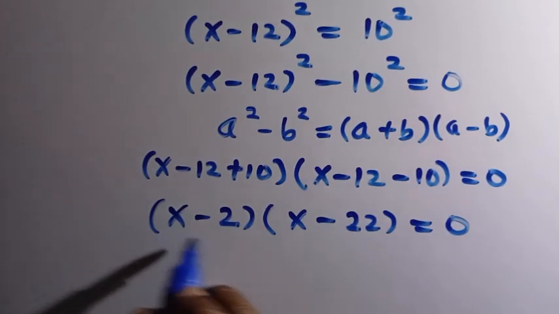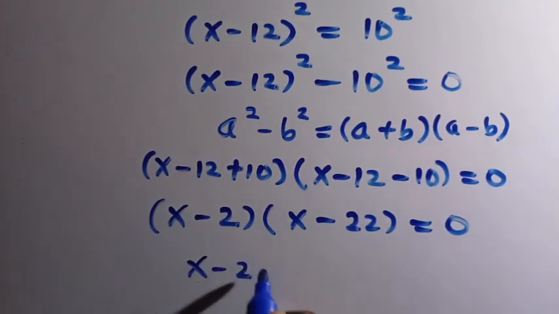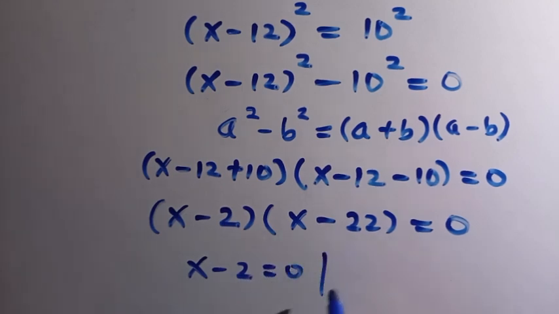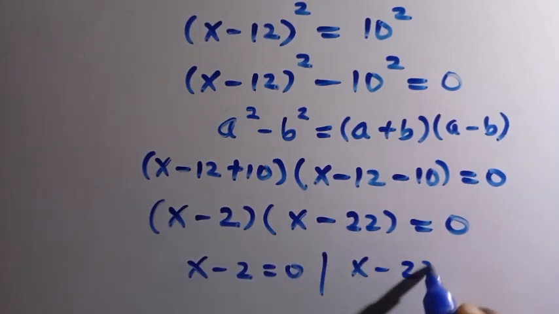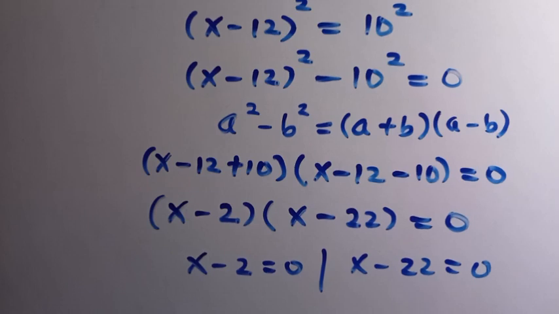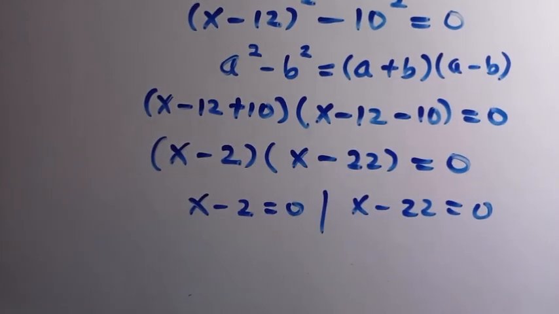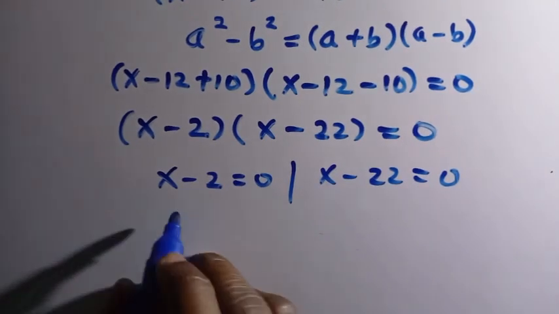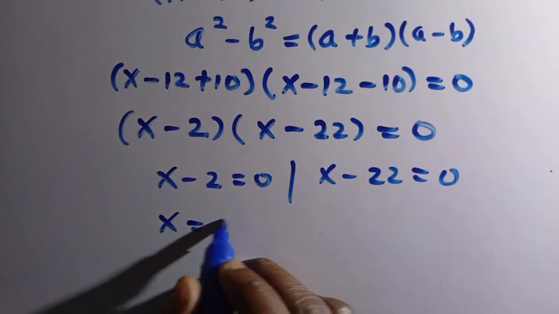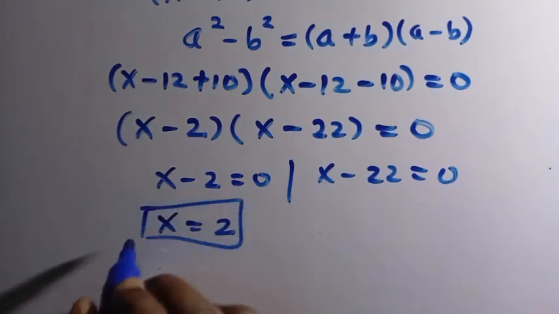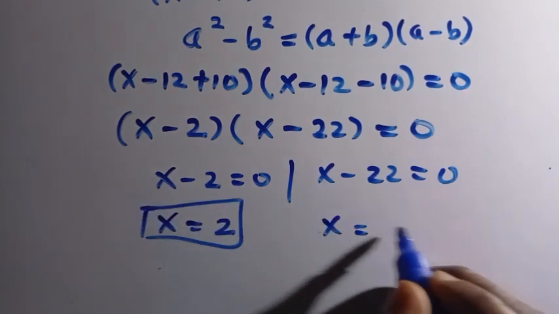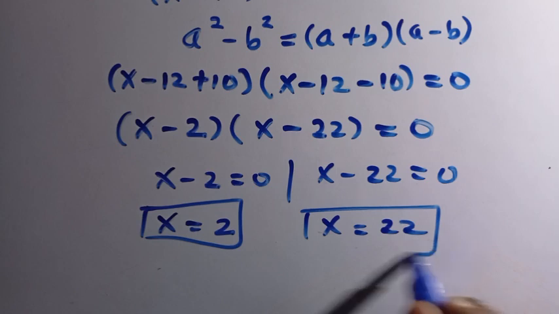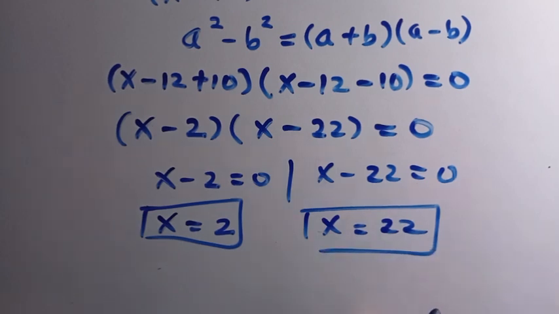So from here we let x minus 2 equals 0 or x minus 22 equals 0. And by this property we are going to say x equals 2, or we have our x equals 22. So that is the value of x that we got.